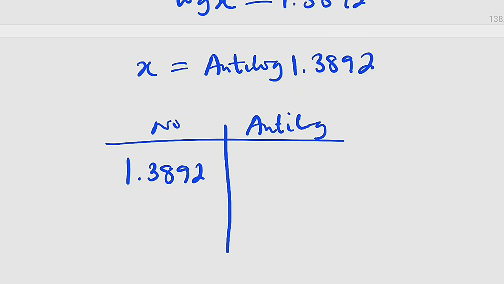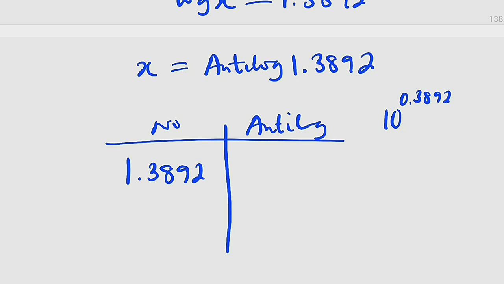Remember, we don't have a logarithmic table, but in the logarithmic table, if you want to find antilog, you have to take from point something, that is 0.3892. But we are going to use our calculator, and we know that antilog is just 10 to the power of that number, which is 0.3892, right? This is the antilog. You pretend as if you have a logarithmic table, but whatever you obtain, you should round it up.